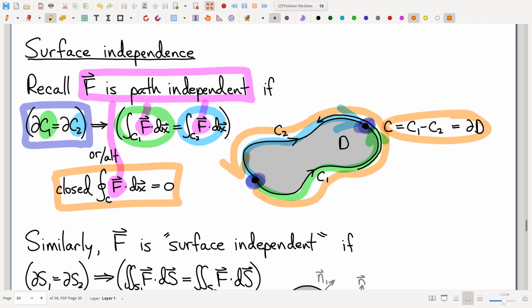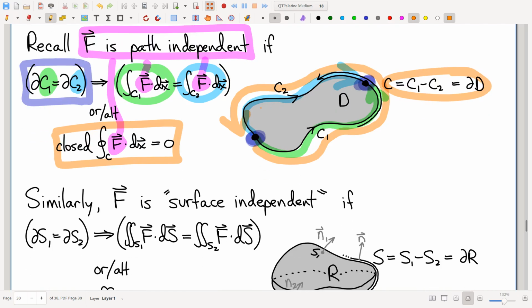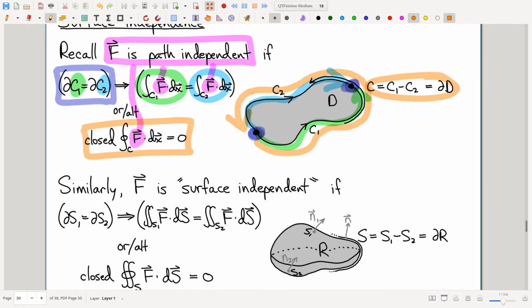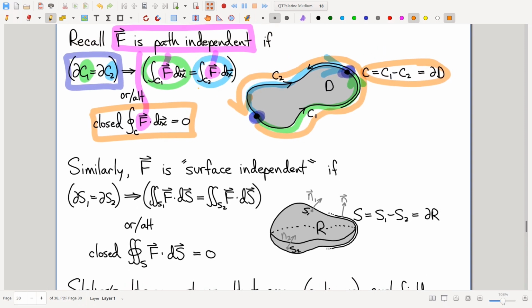Okay. Turns out there is an analogous idea for surfaces. And the analogy is perfect. Totally awesome. So if you understand path independence, and if you don't mind using path independence as a guide, a list of suggestions for how to think in the higher dimensional case, you can totally understand surface independence. And here we go.